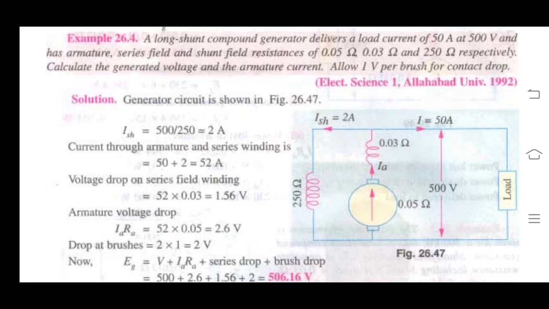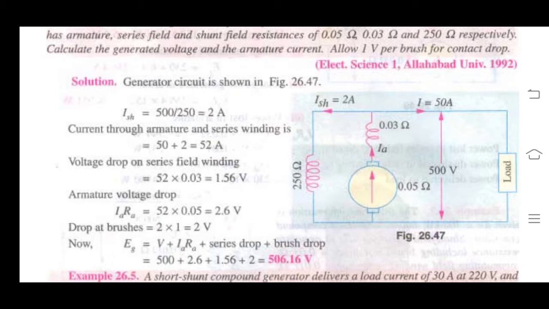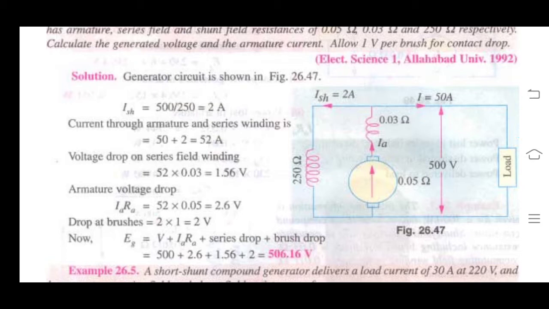The highest resistance value can be considered as field resistance. Calculate the generated voltage and the armature current. Allow 1 volt per brush for a contact drop. 1 volt per brush means we have 2 brushes for a machine.